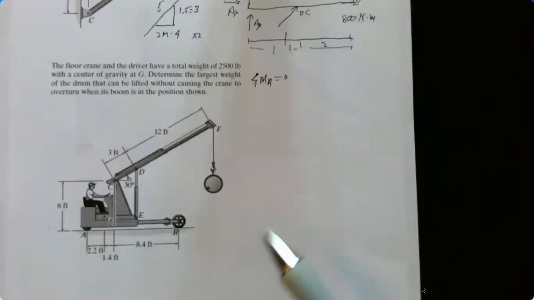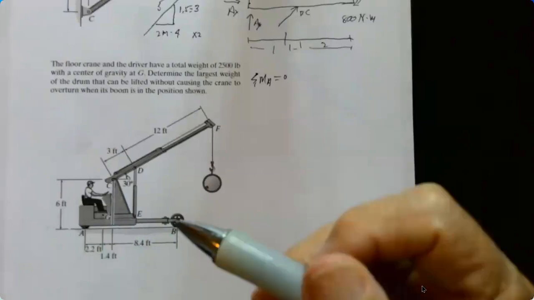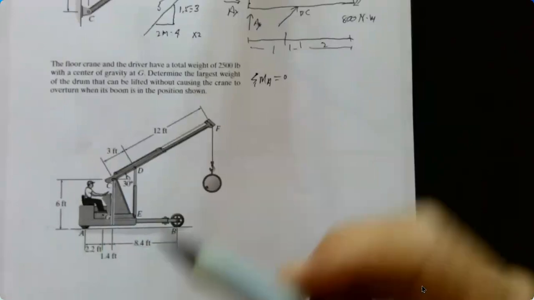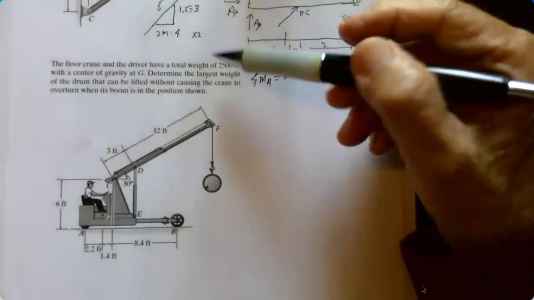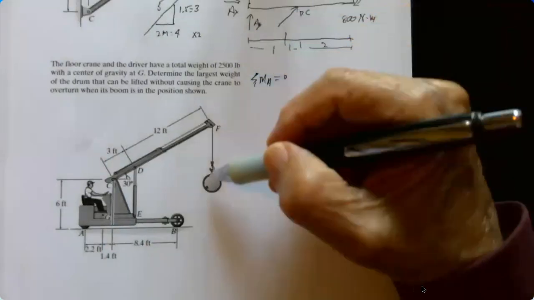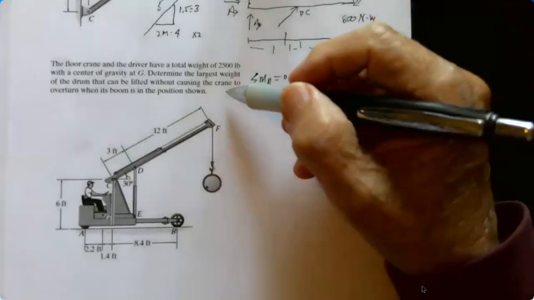This is actually a real world problem that you're going to be looking at. So it's 2,500 pounds total weight, acting at the center of gravity. And what we want to know is the largest weight of the drum that can be lifted without causing the crane to overturn when its boom is in this position.